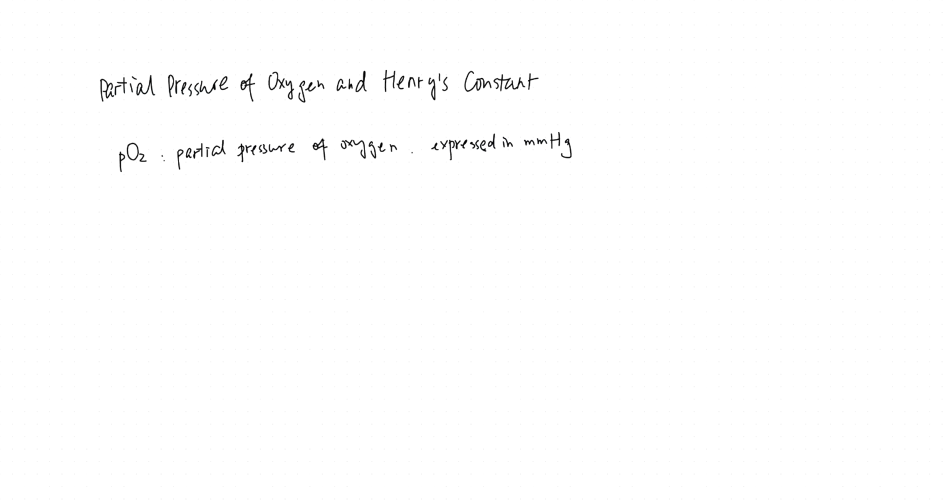The discussion of partial pressure originates in the context of oxygen because we want to know the oxygen concentration in the body. But in many experimental and clinical contexts, the concentration of oxygen is not expressed directly in molar units. We have been dealing with molar units in this class a lot, and we call it C, mole per unit volume.